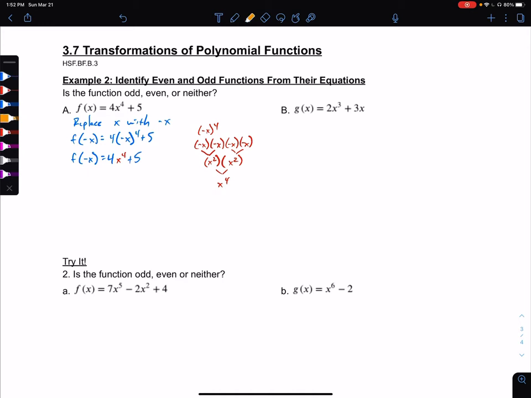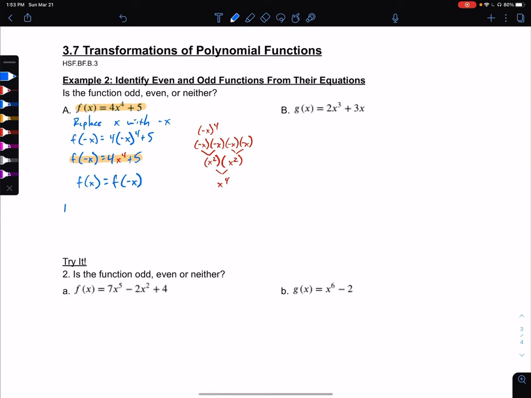So now what I'm going to do, because I can't simplify this anymore, is compare this statement to this statement, my original to the simplified version of the function f of negative x. Now these two are the same. So my function of x is the same as my function of negative x.